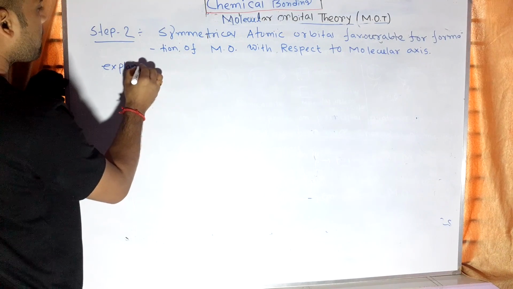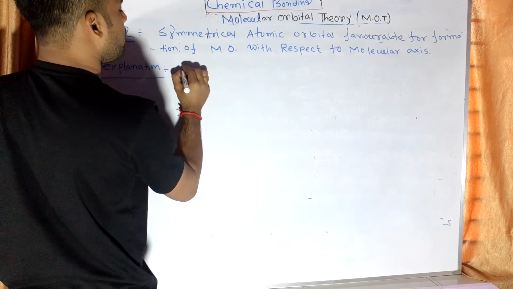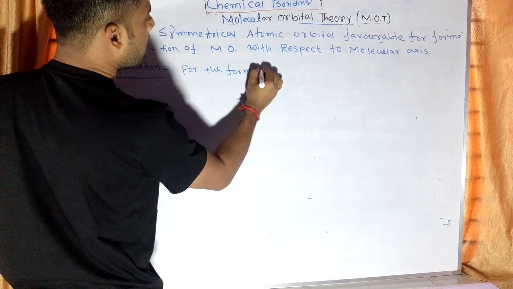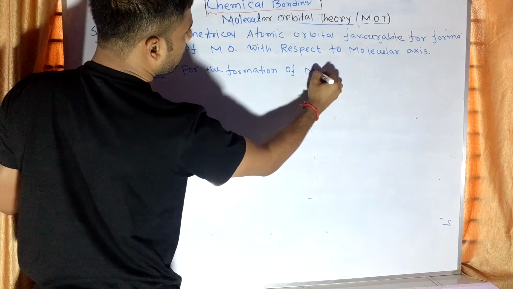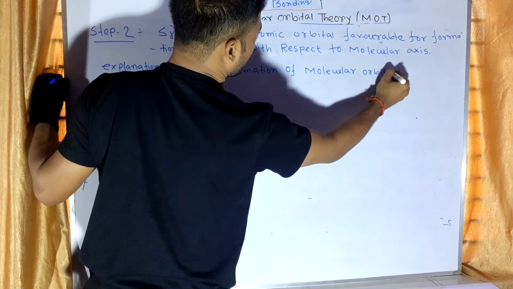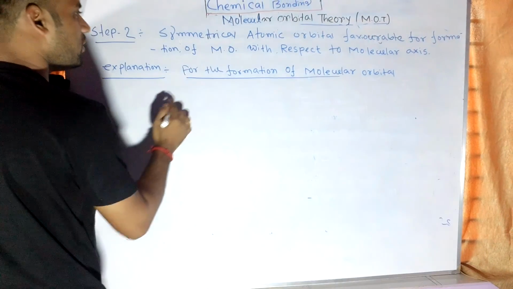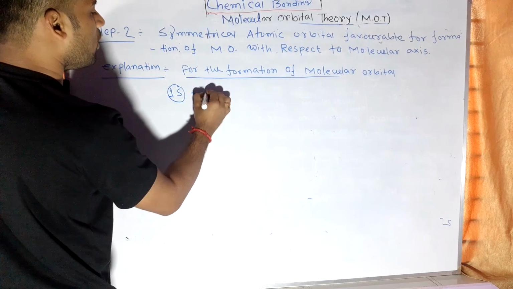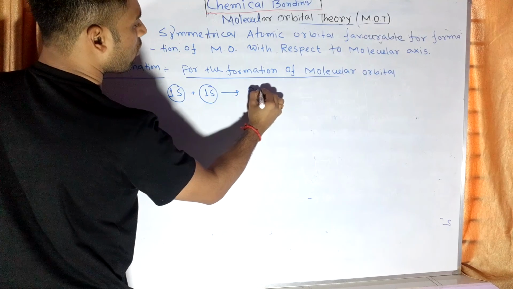Explanation of step 2. What is the symmetry? For the formation of molecular orbital, symmetry means a 1s atomic orbital overlaps with a 1s atomic orbital, then forms a molecular orbital.